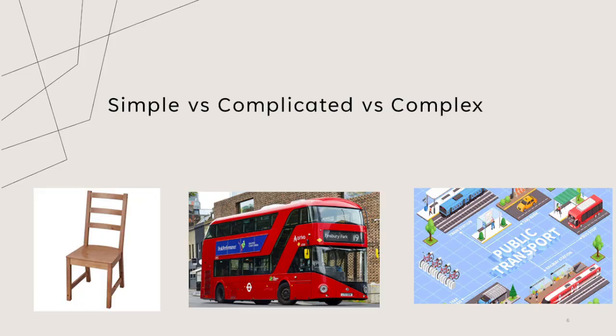In the middle, you can see a bus, your typical London bus. The design of this bus would have consisted of thousands of mechanical and technical parts, and it is therefore considered complicated. Yes, you have many mechanical, technical, even electrical parts that you need to incorporate together. But by now, I think we have figured out how to put a functional bus together.